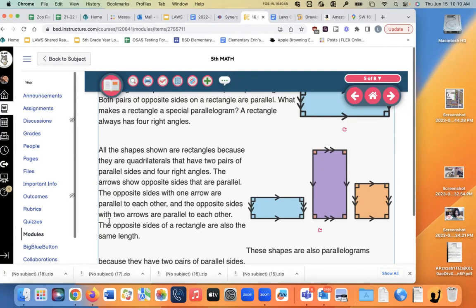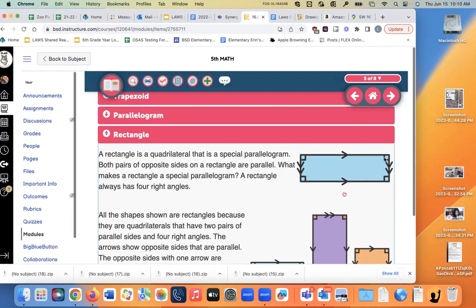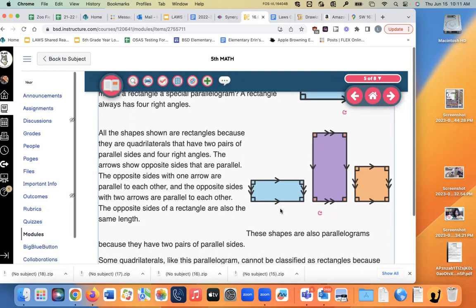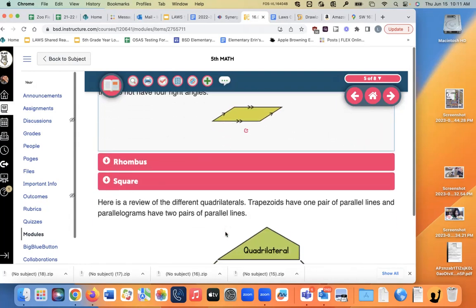Then we have rectangles. We know about rectangles. They have 4 right angles on the inside, so all the corners are exactly square. It has 2 sets of parallel sides, so it's also a parallelogram. But it doesn't have 4, well, it can have 4 equal sides. Then it's a square as well as a rectangle. So all squares are rectangles, but not all rectangles are squares.